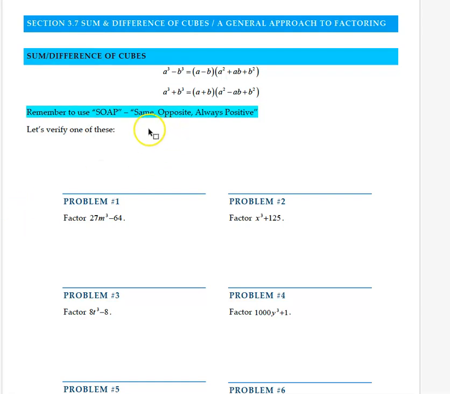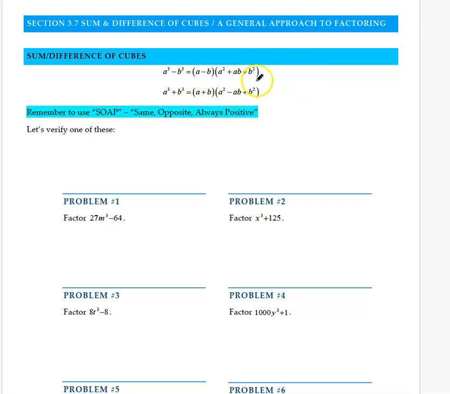Okay, so these two things at the top are little formulas that you need to follow when we are trying to do the sum and difference of cubes. We can tell that we're going to use this because we have something cubed minus something cubed, or something cubed plus something cubed.